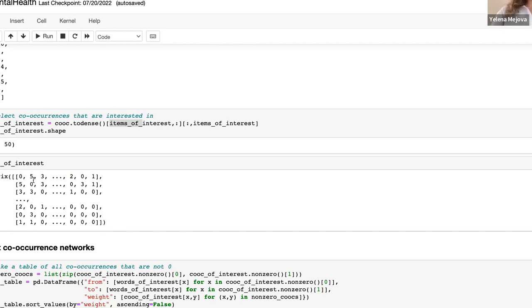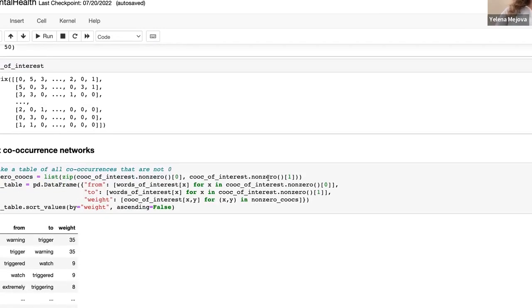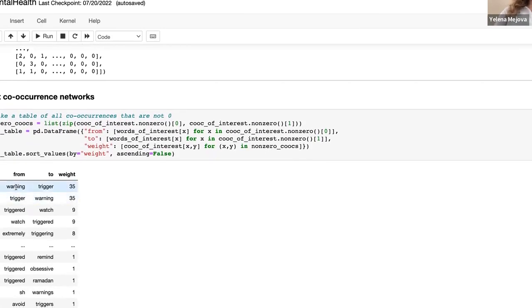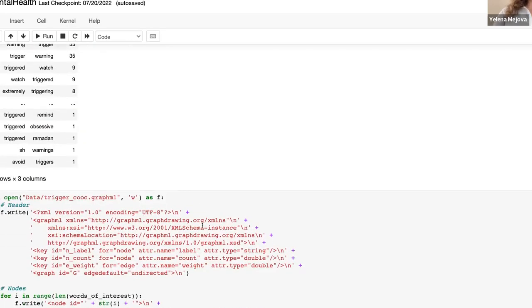Basically for each one, we have how much the column word is associated with the row word. Okay, and so what we can do is make these triplets: warning and trigger occur 35 times, and then extremely and triggering occur 8 times.